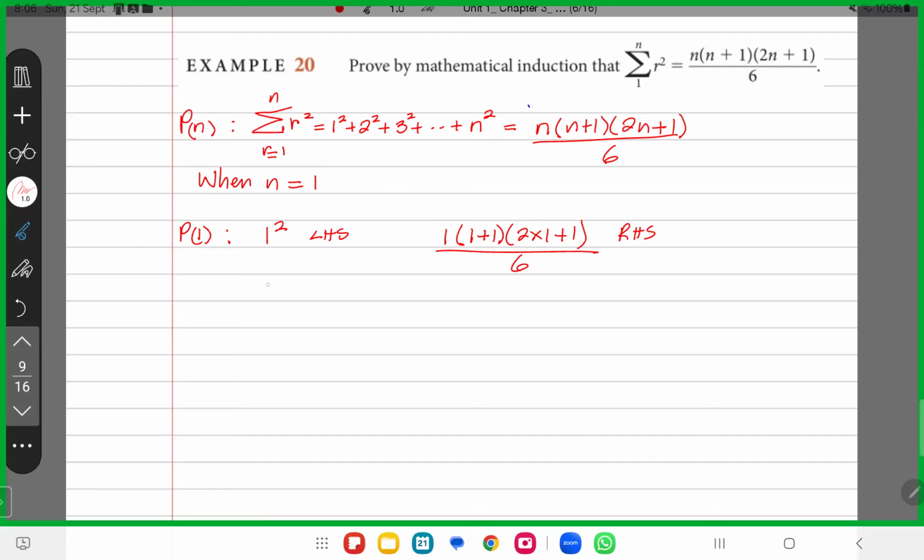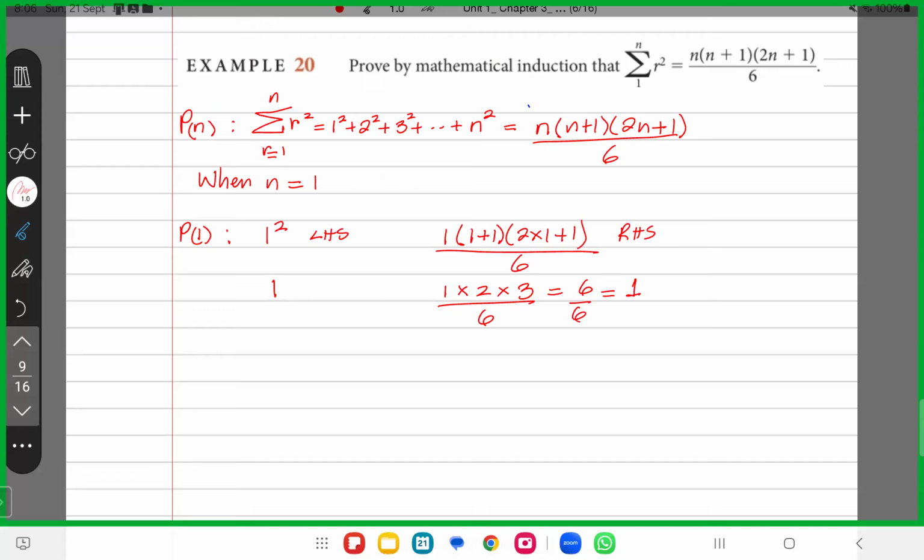On the left, 1 squared is 1. On the right, we have 1 times 2, 2 ones is 2, 2 plus 1 is 3, times 3 all over 6. Up top, we're going to have 6 over 6, which is also equal to what? 1. So when n is equal to 1, the left-hand side and the right-hand side of my statement are both equal.